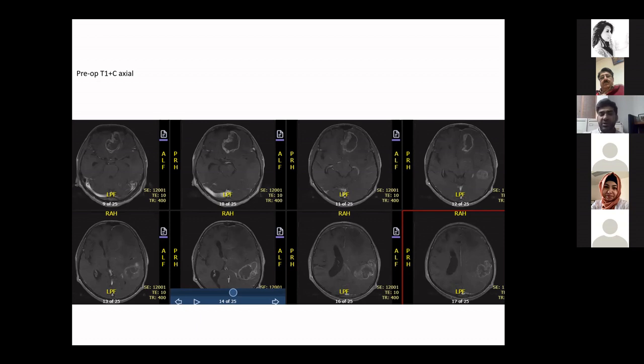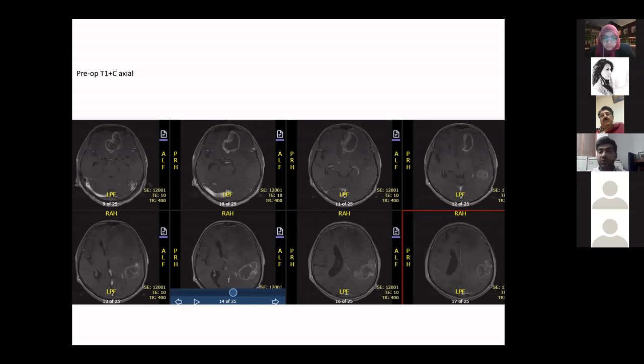No, so we did the debulking. The patient is doing well. We followed him up, but I agree. There are some reports I have seen where we can go for both, using even different incisions.